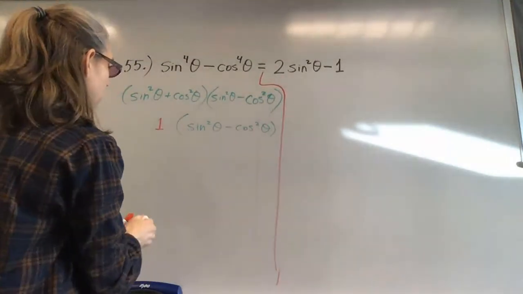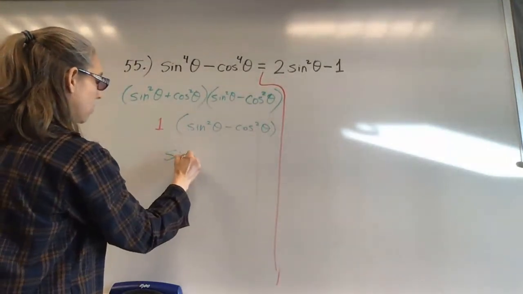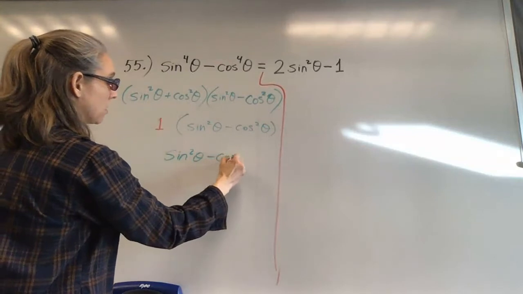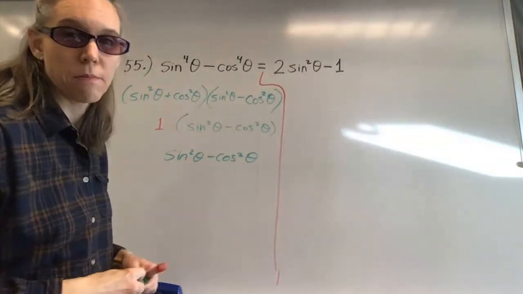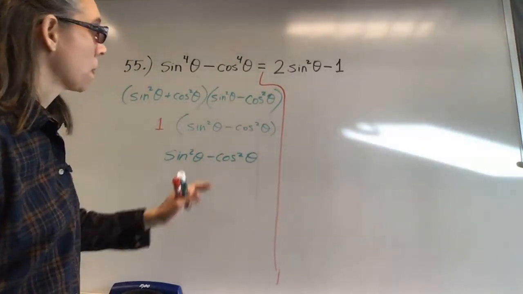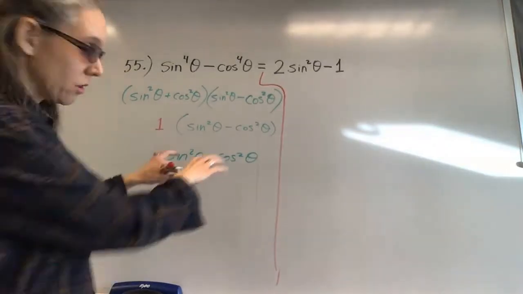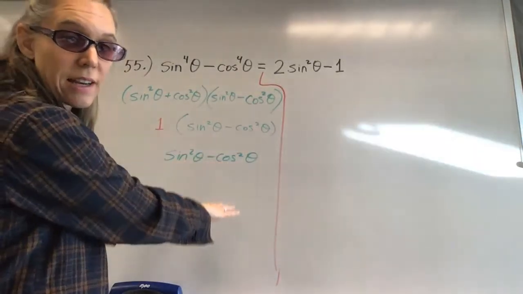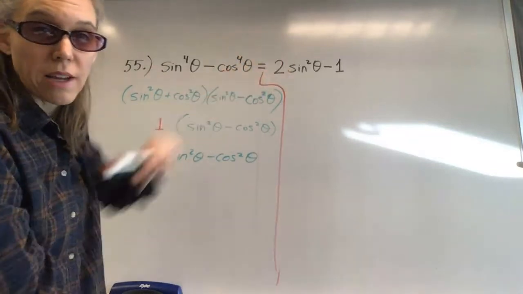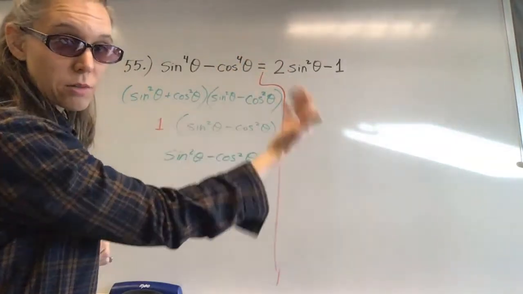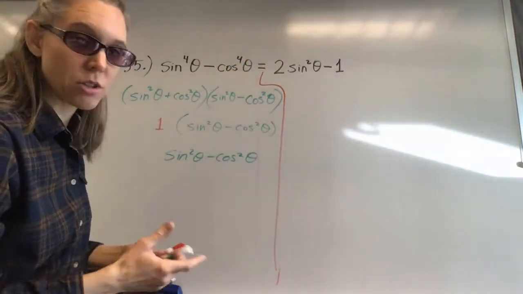Okay, so now I'm left with just sine squared theta minus cosine squared theta. So then what I could do, and there's multiple options, you can continue to work on the left-hand side until you make it look like the right-hand side, or you could work on the right-hand side for a little bit, and I'm going to show you that.